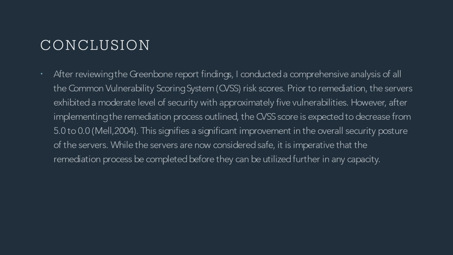However, after implementing the remediation process outlined, the CVSS score is expected to decrease from 5.0 to 0.0. This signifies a significant improvement in the overall security posture of the servers.